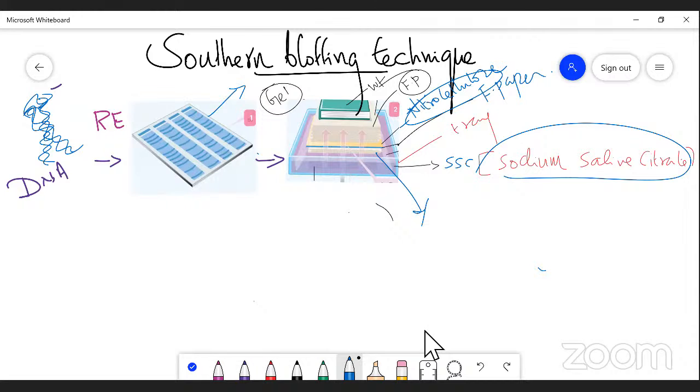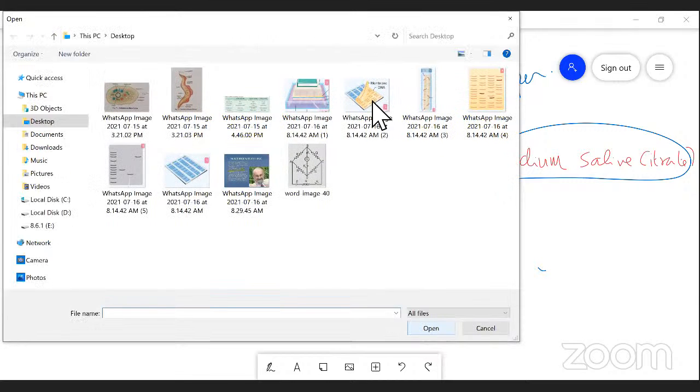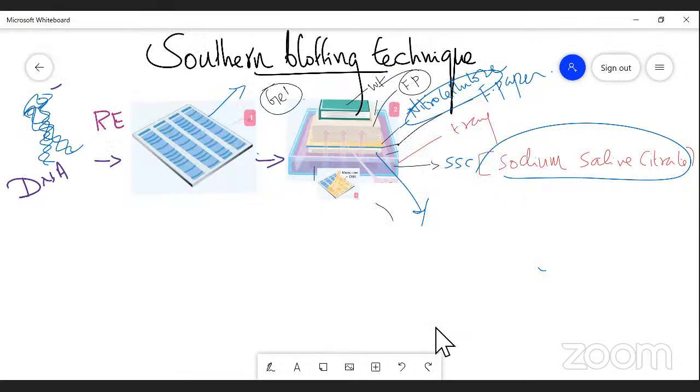So when the buffer solution starts moving from one place to another, the fragments of DNA are fixed on the nitrocellulose membrane paper.